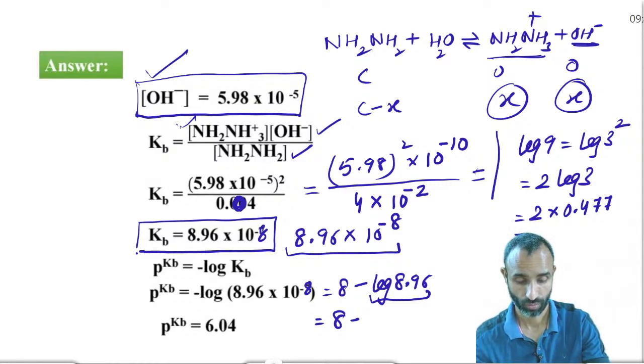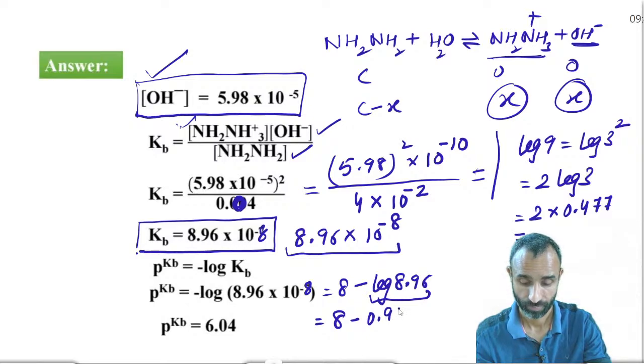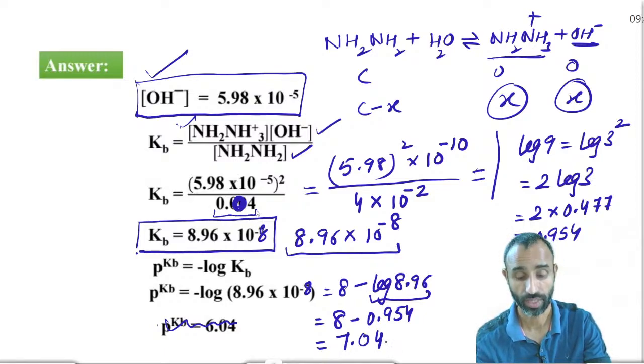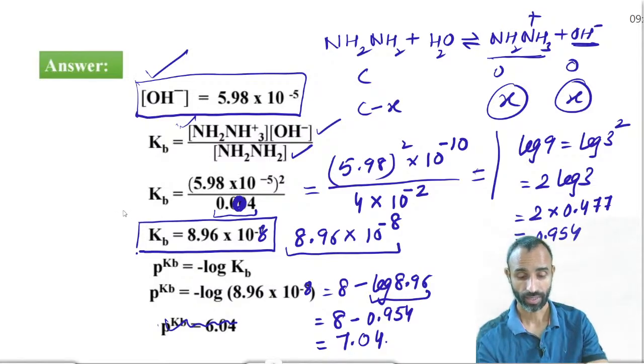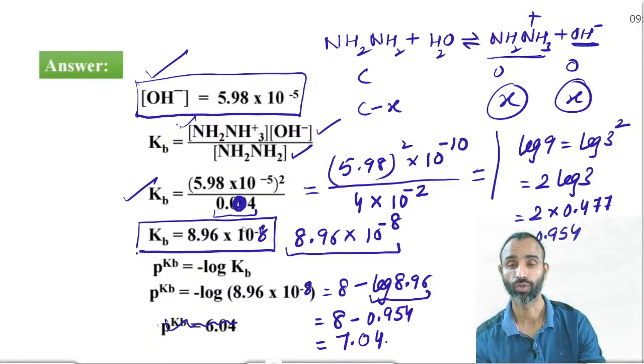So 2 into 0.477 is 0.954. So 8 minus that comes out to be 7 point, instead of 6.04 it is 7.04, because the concentration is 0.04 and here the calculation was made according to 0.004.